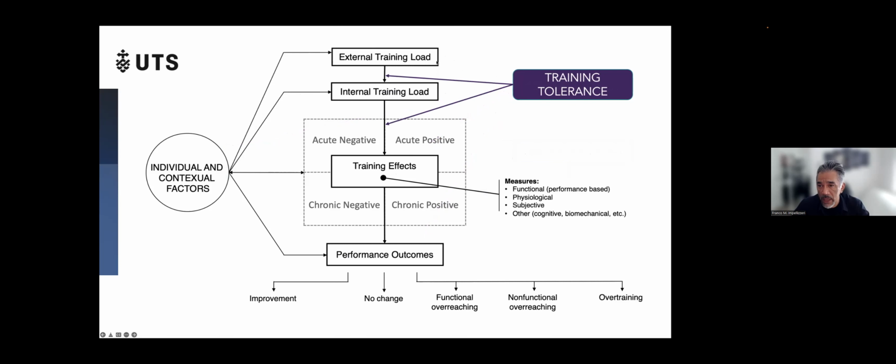So if you see, for example, that the power output is similar, but the RPE is increasing, so they are perceiving the same amount of work as higher in terms of exertion, you may suspect there's something wrong going on. And the same is true with your heart rate. You have the same power, and you may see a drop in the heart rate, which is normally good, but a lowering in heart rate may also indicate fatigue.